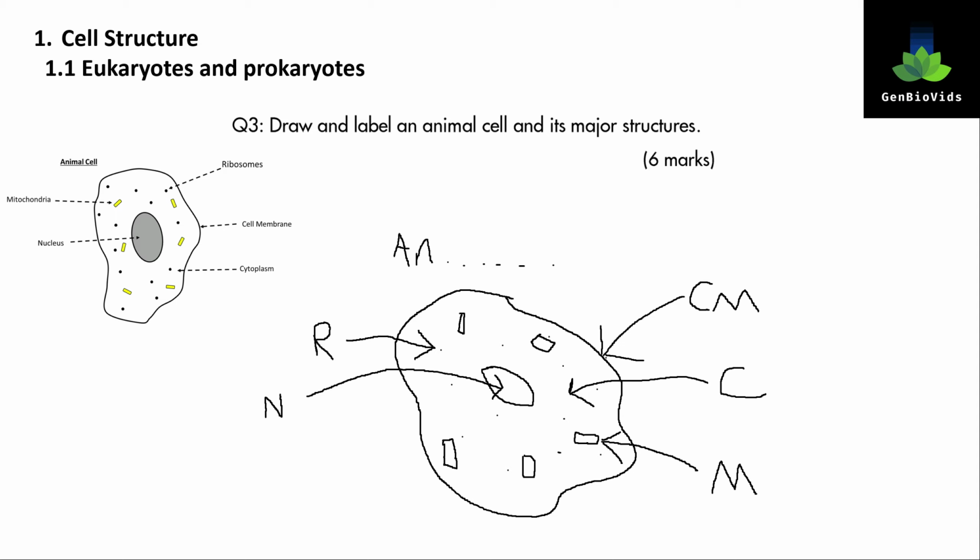Obviously you'll write the full word in your exam, but this is an example. This will give you 6 marks, and spending 20 minutes doing the perfect animal cell will also give you 6 marks. So it's better to do it quick and easy and give you time to answer more difficult questions.